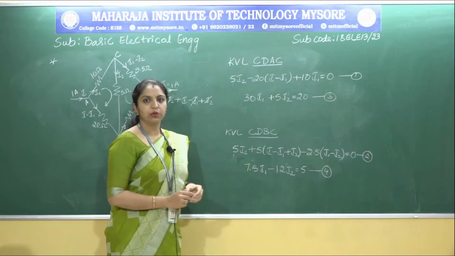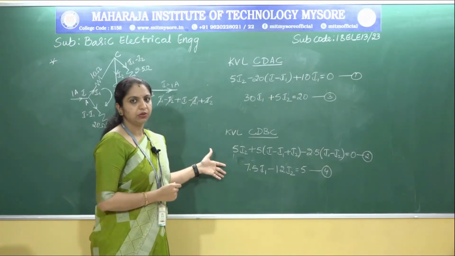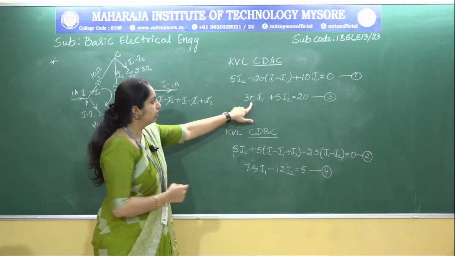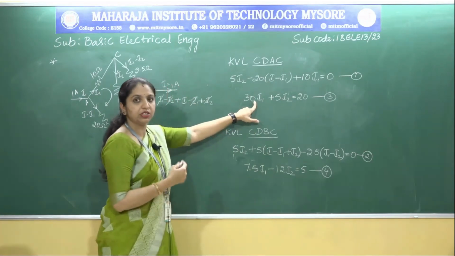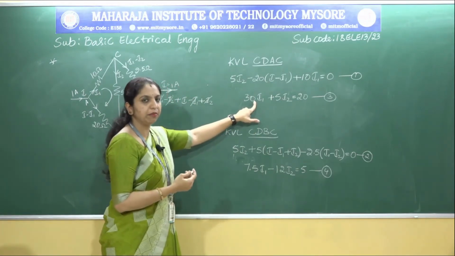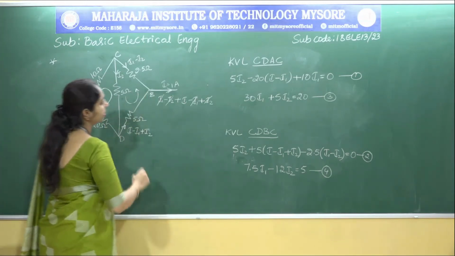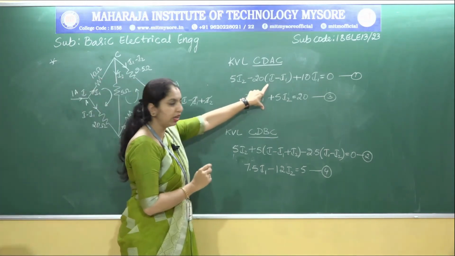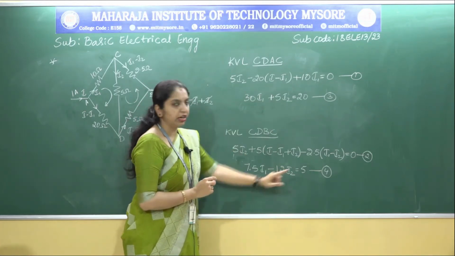Now we have equations 3 and 4. You may ask where the value I is: you can substitute I as 1 ampere, as it is given here, I is equal to 1 ampere. So we have substituted I as 1 ampere and got these two expressions, 3 and 4.